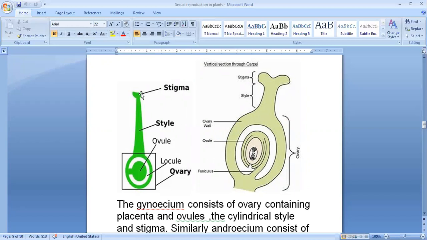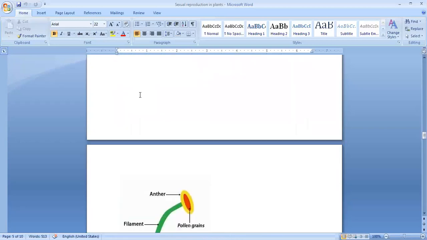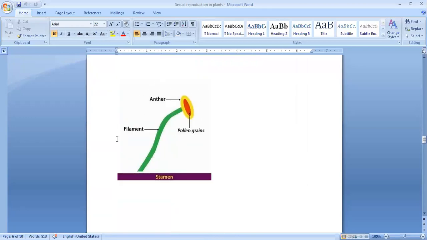And stigma is the place where pollen grain, which comes from male, sits over here, or stigma receives the pollen grain. Let us see the male reproductive part. This is the male reproductive part, which we call as an androecium. Androecium consists of anther and long tube-like structure which is called as filament.